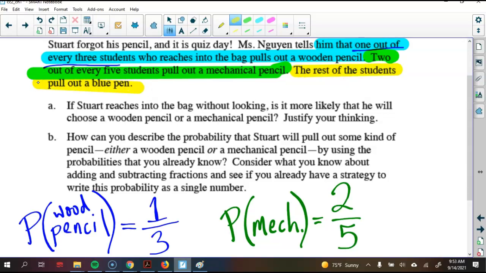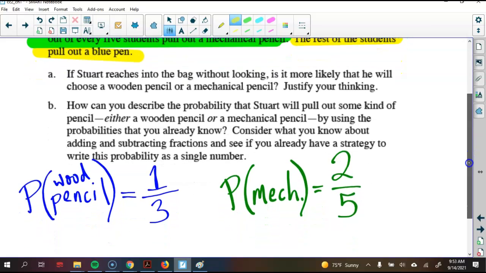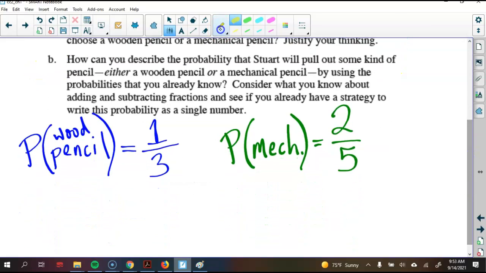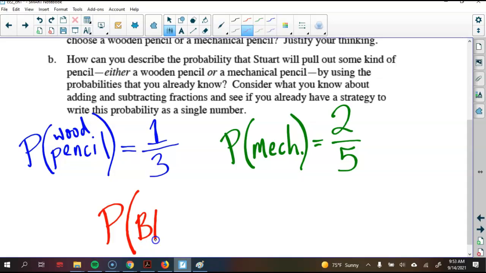I don't really like pens, at least when we're doing math. So I want you guys to determine what is our probability of a blue pen. I could just say pen, because writing the word blue with the color red feels wrong.